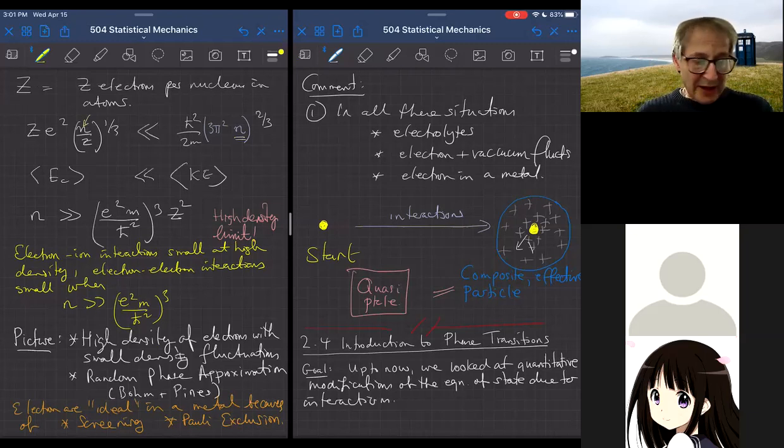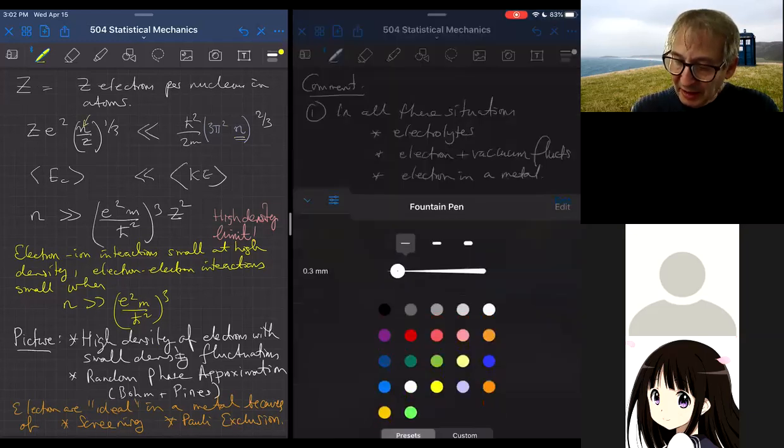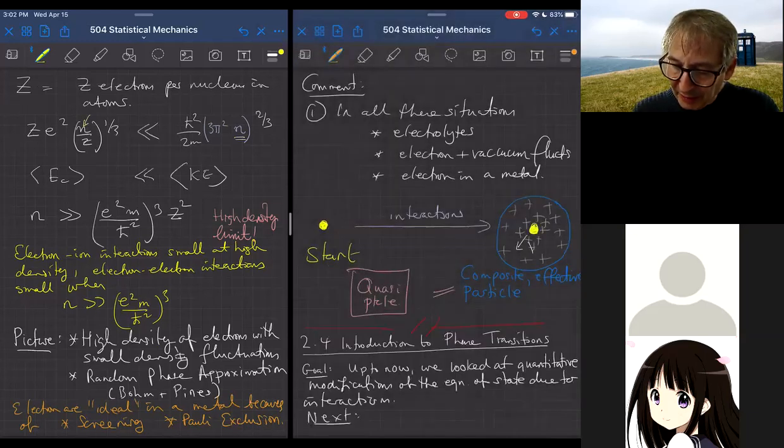So what we want to look at now is the qualitative changes that interactions can produce. So these interactions that we looked at up to now were basically weak.